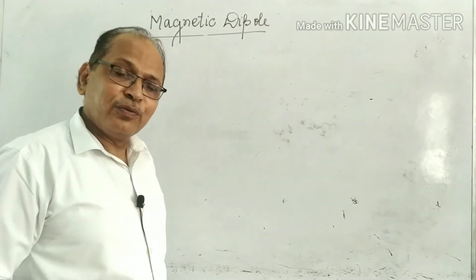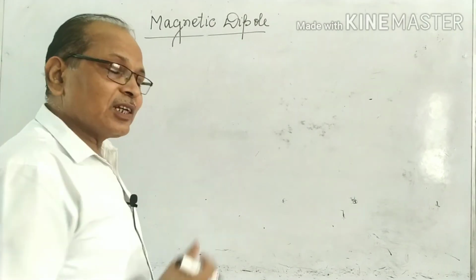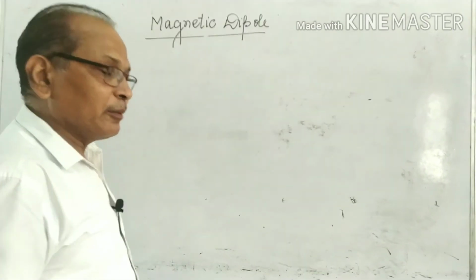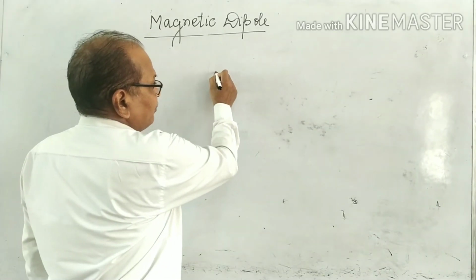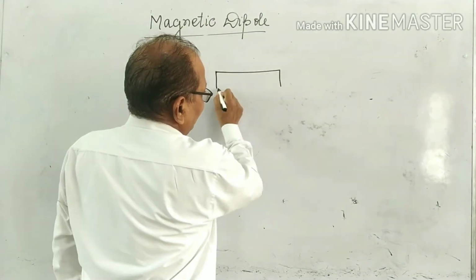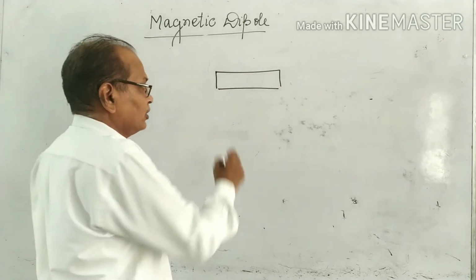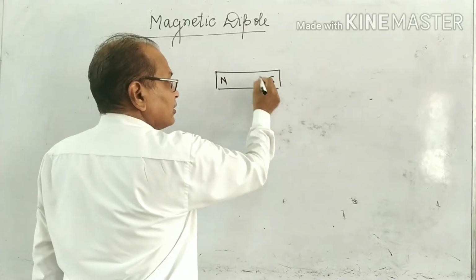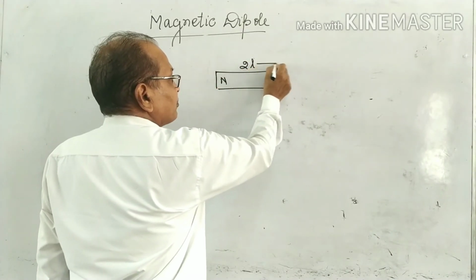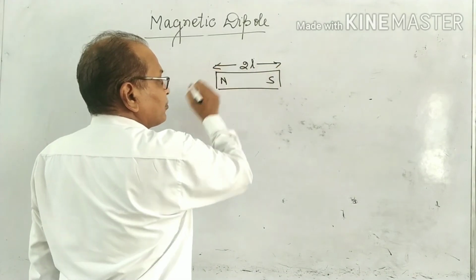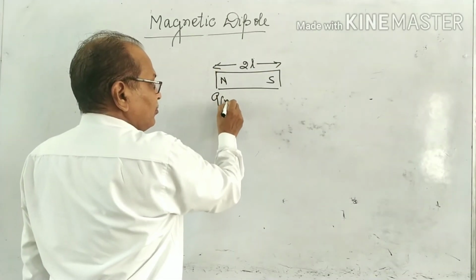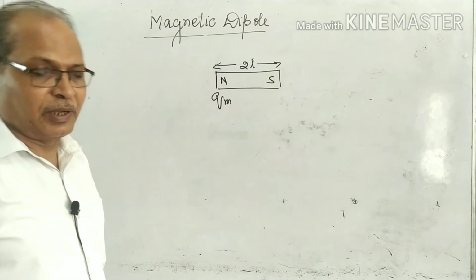In continuation of the previous article, magnetic dipole, for example, students, if this is a magnet with north and south poles here, 2L is the length, and Qm is the pole strength of this magnet.